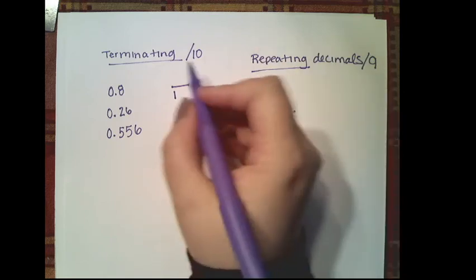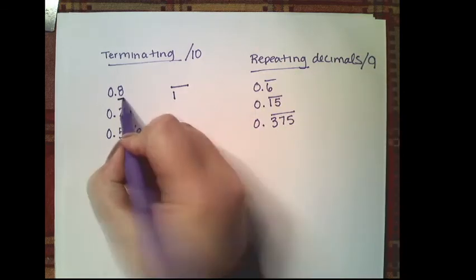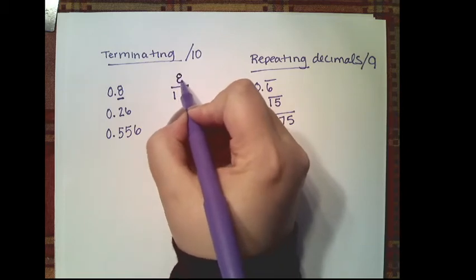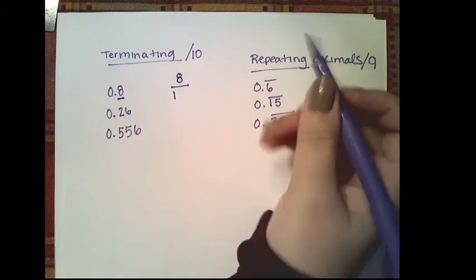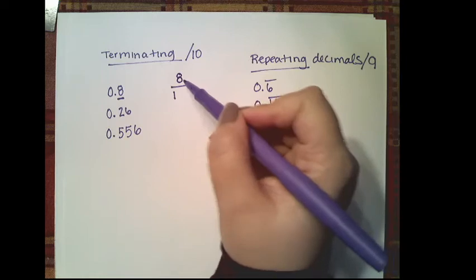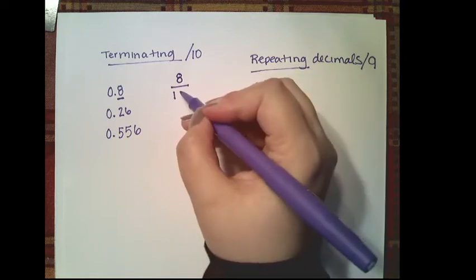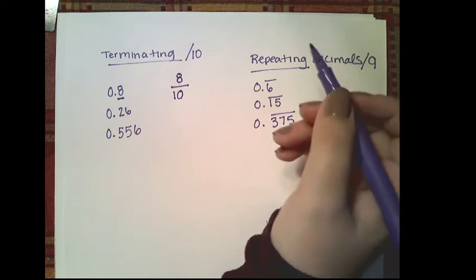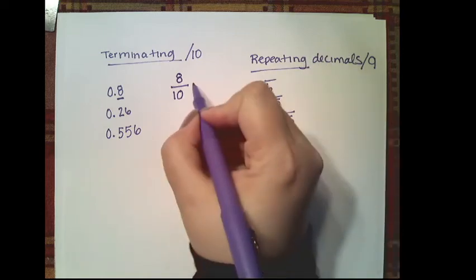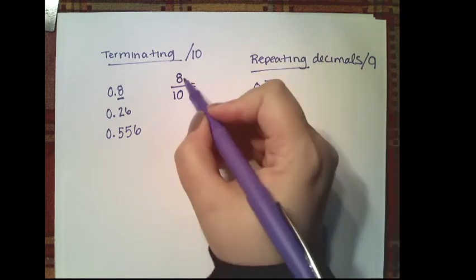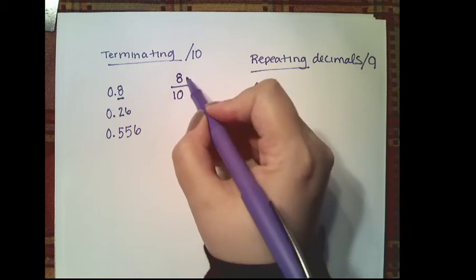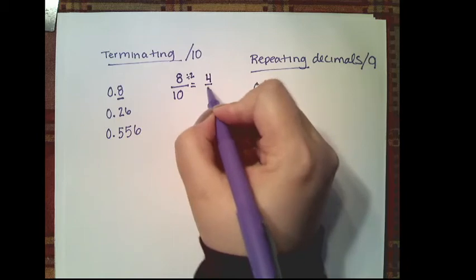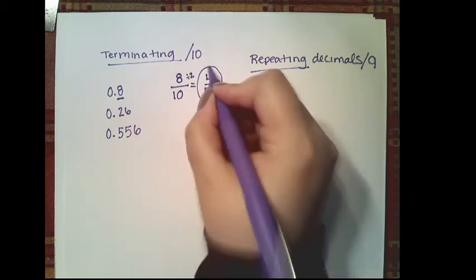So what we decide, we take the number after the decimal, which goes on top, and however many numbers we put in the numerator, that's how many zeros we need to put in the denominator. And then once we have the fraction, we simplify it. So 8 and 10 are both divisible by 2. So that leaves us with a fraction of 4/5.